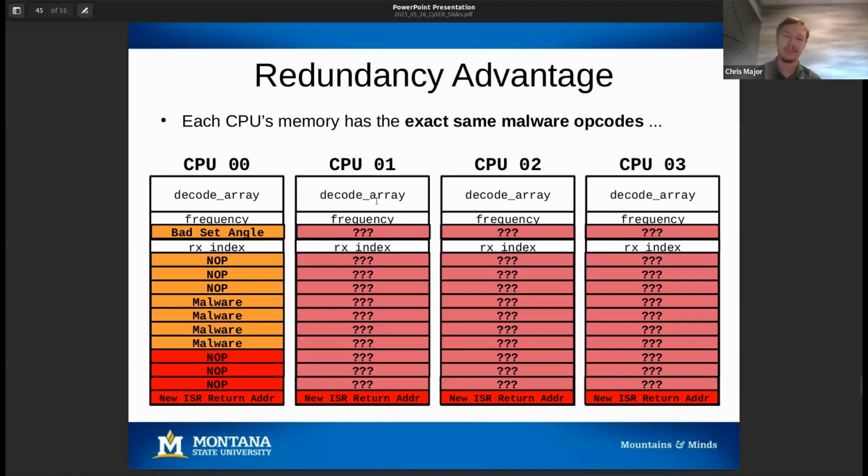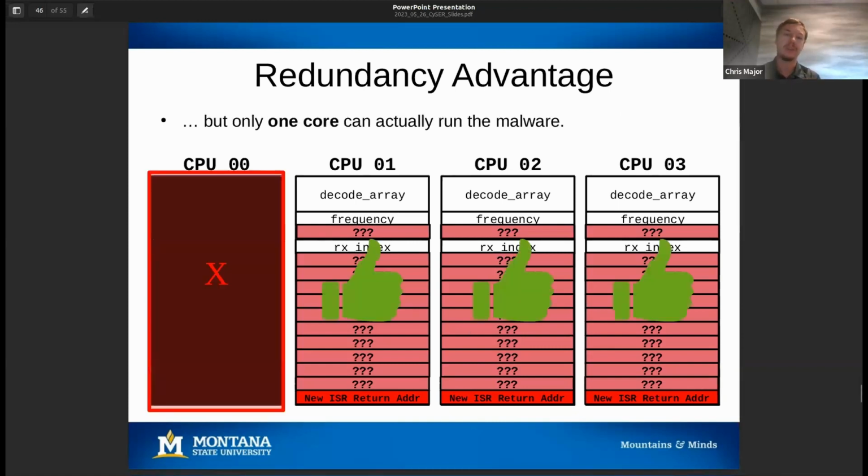In this case, it might just be regular data for any other microcontroller, or foreign opcodes. They cannot recognize any of these instructions. So if CPU 0 is compromised, it's the only one that can actually run the malware. The other cores simply will not run the instructions because they do not understand them.